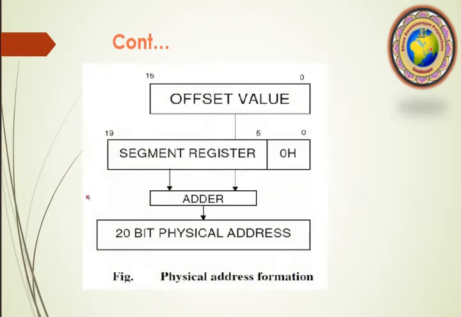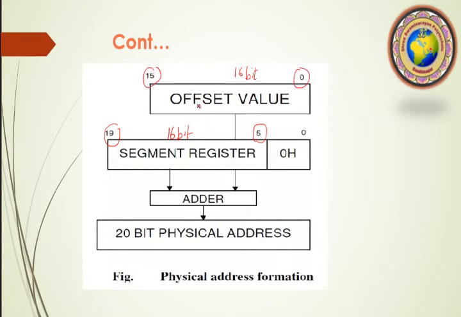So this is our particular segment register. As we know, the segment register is 16-bit, so this is the 16-bit segment register, bits 5 to 19. Okay, and here the offset value is also 16-bit, bits 0 to 15.